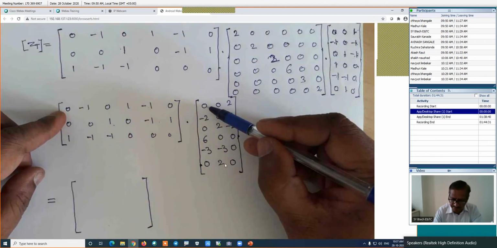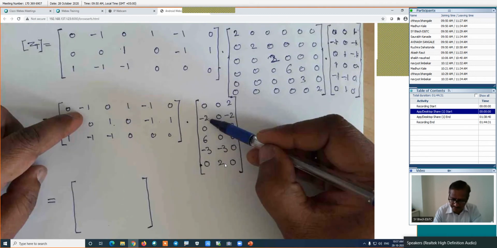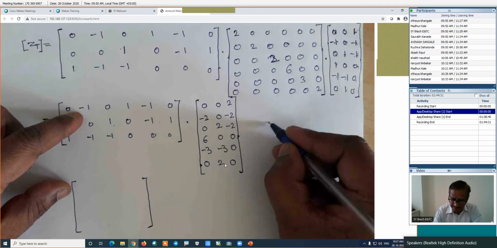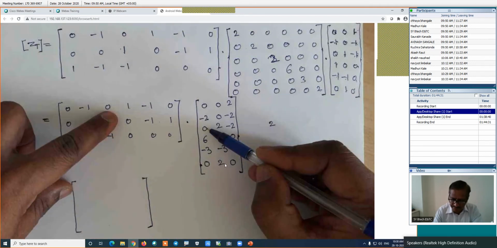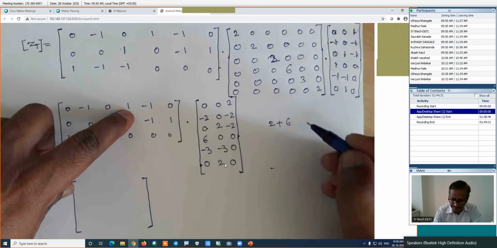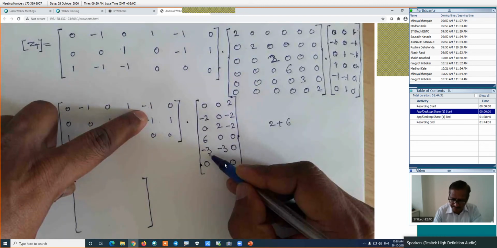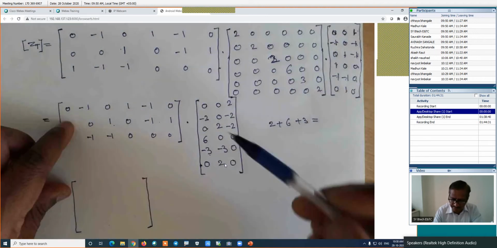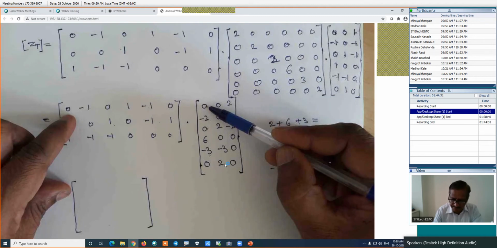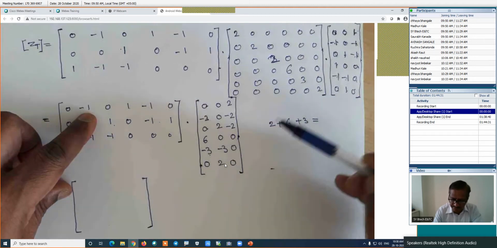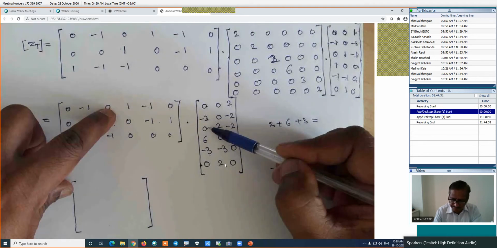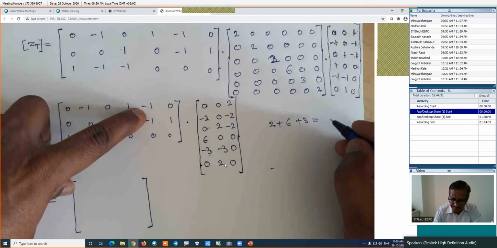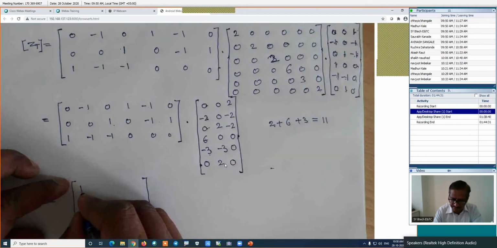This is 0, minus into minus is a plus, 2 into 1, I will write it here, is 2, then 0, then plus 6, then minus into minus is a plus, 3 into 1 is plus 3. Is it right? I will check once again. This is 0. Minus 1 into minus 2 is plus 2. The next 0. Then plus 6. Then plus 3. This value is 6 plus 3, that is 9, plus 2, that is 11. I guess this first element is 11.